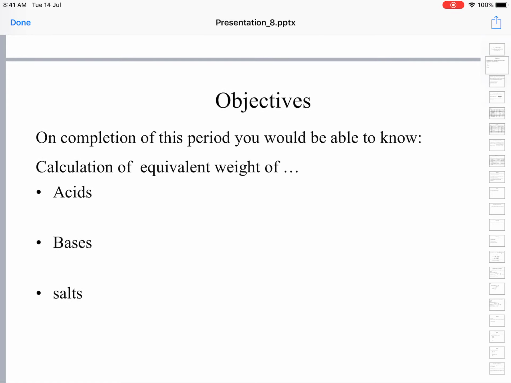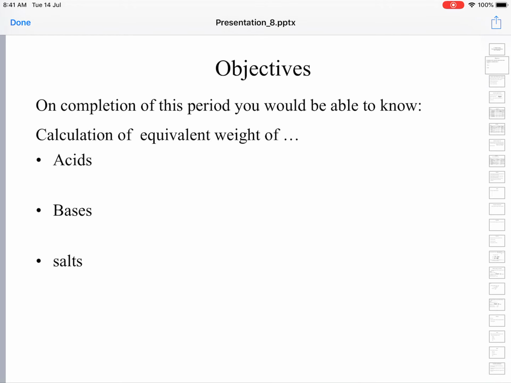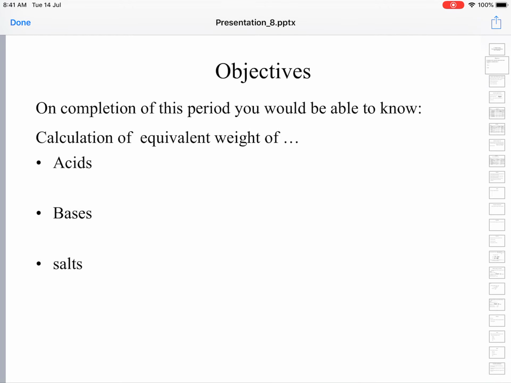In the last class, we learned about the mole concept and molarity. We worked out a few problems on molarity.